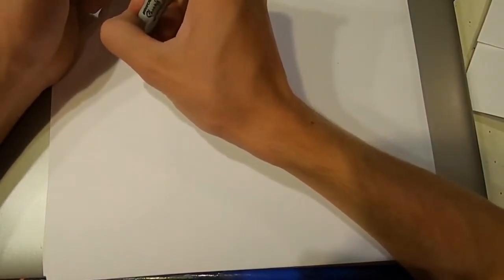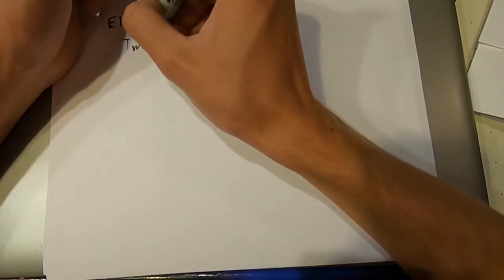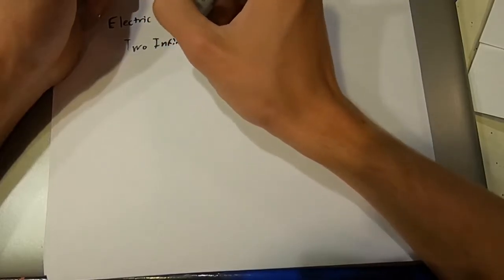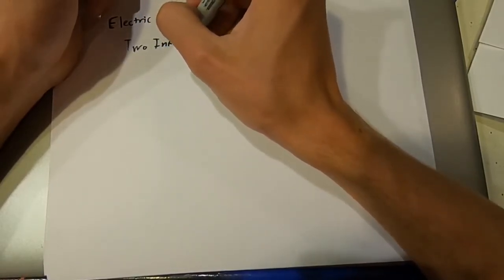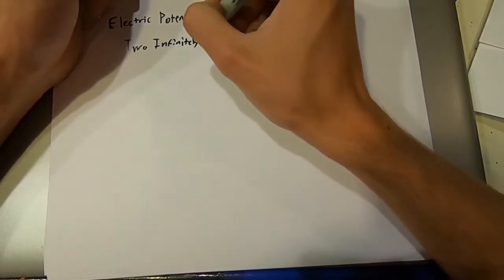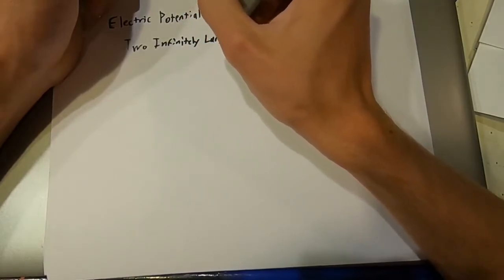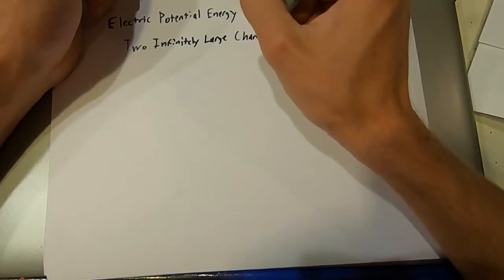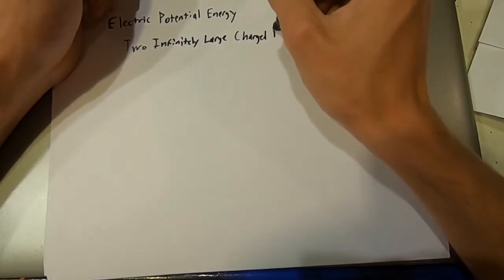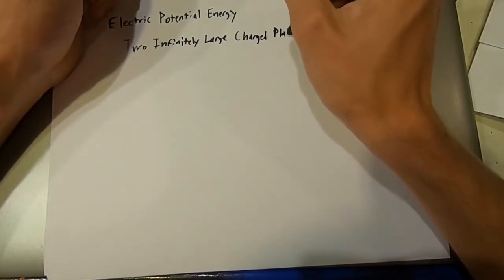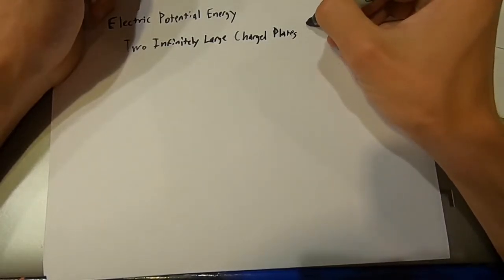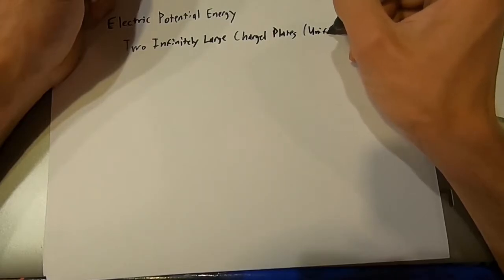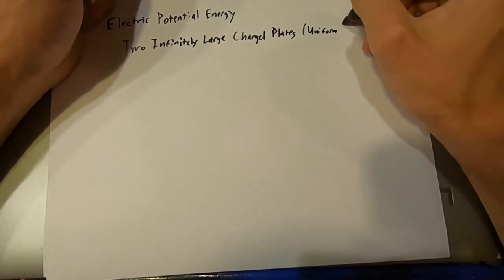So we've got two infinitely large charge plates. And this is going to create a uniform electric field.